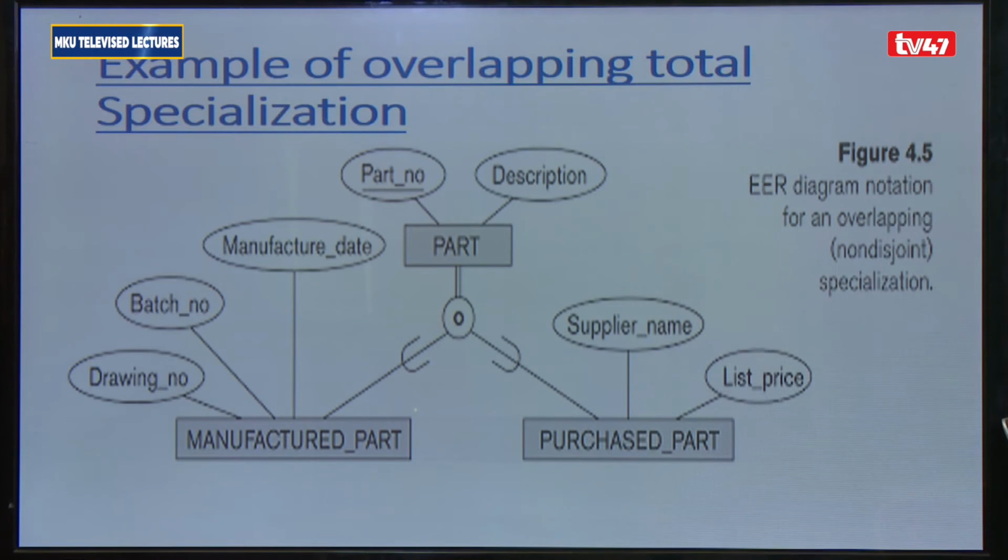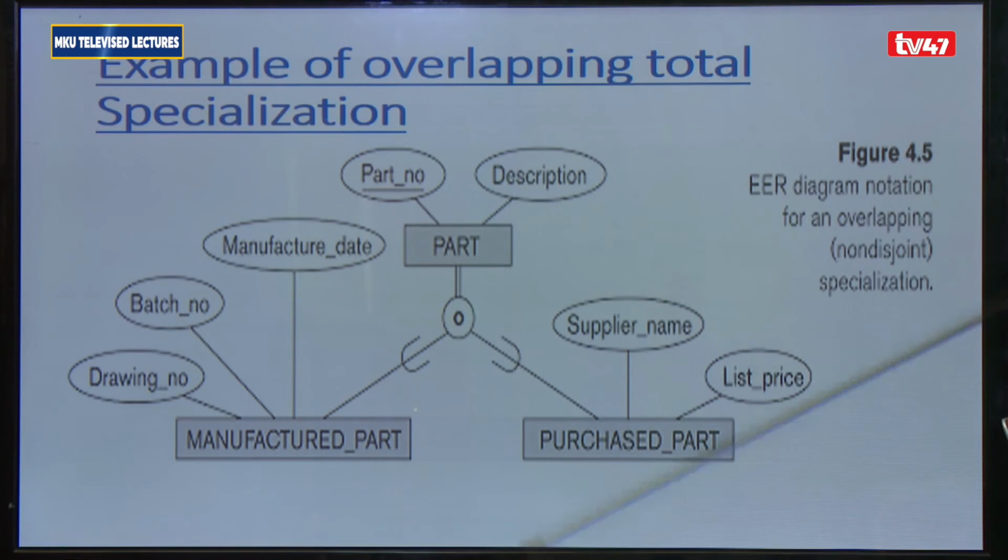For example, the processors. We have heard that we have Intel processors, and we know there are other processors. So if we are talking about a company that manufactures computers like Dell, some of the parts they manufacture themselves, but there are other parts that they do not manufacture, like the processors, they purchase them. So if you are creating a database for that, you would depict them as such.